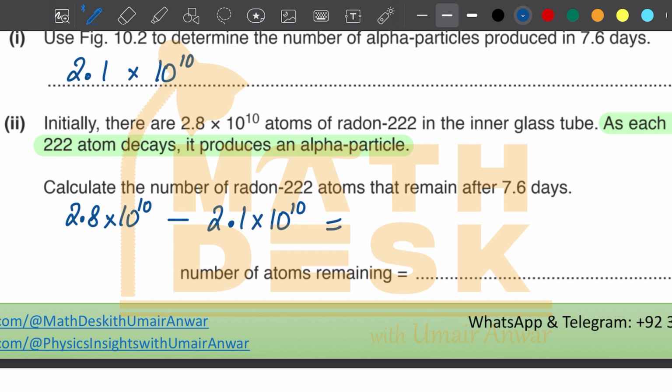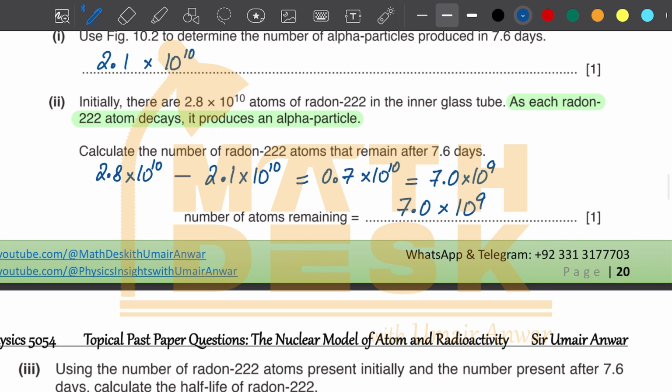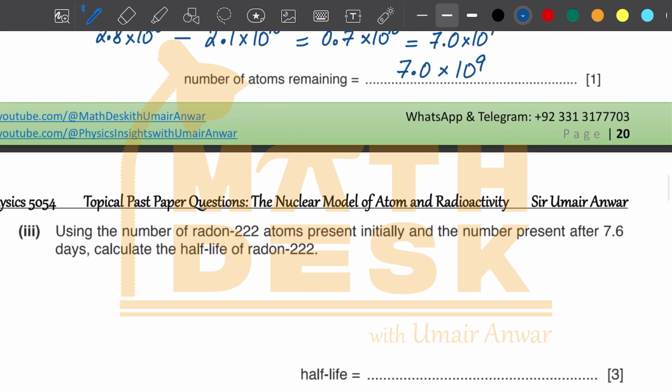So by simply subtracting, we get 0.7 × 10^10, or if I convert it into standard form, it would become 7.0 × 10^9 atoms. So it means that 7.0 × 10^9 atoms would be remaining after 7.6 days.